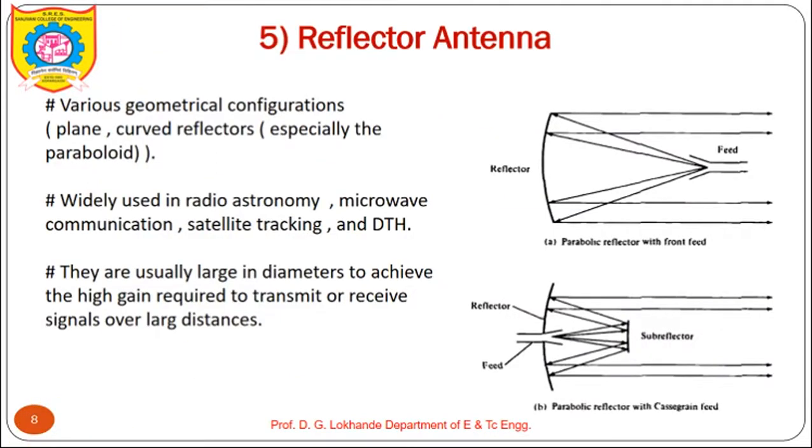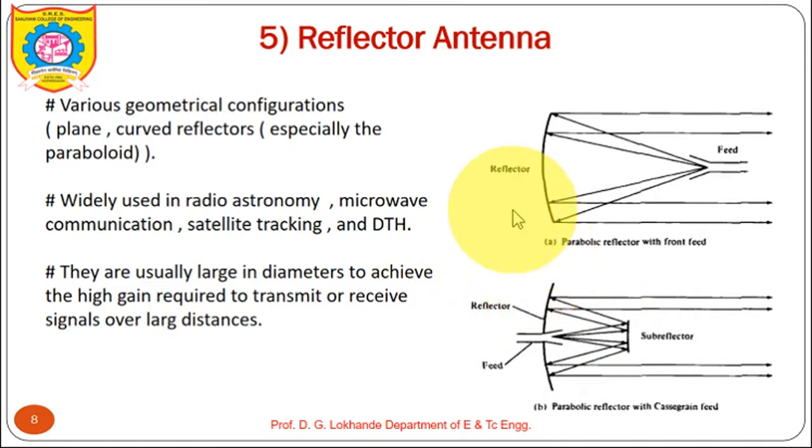Next antenna is the reflector antenna. Here specifically the reflection phenomenon is used, and that's why the feeding point is through the horn, or the feeding point is at the center of the parabolic disc with a sub-reflector, from which the waves can be reflected.